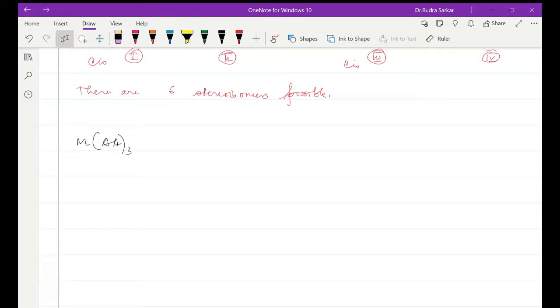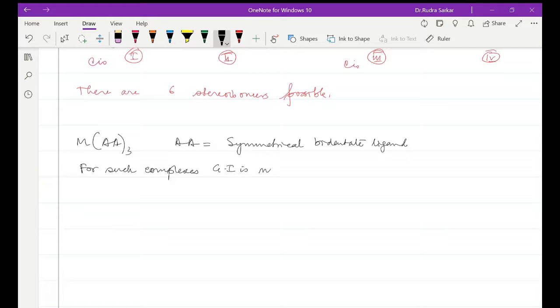Now here for the complex MAA3, where AA is a symmetrical bidentate ligand, I would like to say over here that for such complexes, geometrical isomerism is not possible, but optical isomerism is.